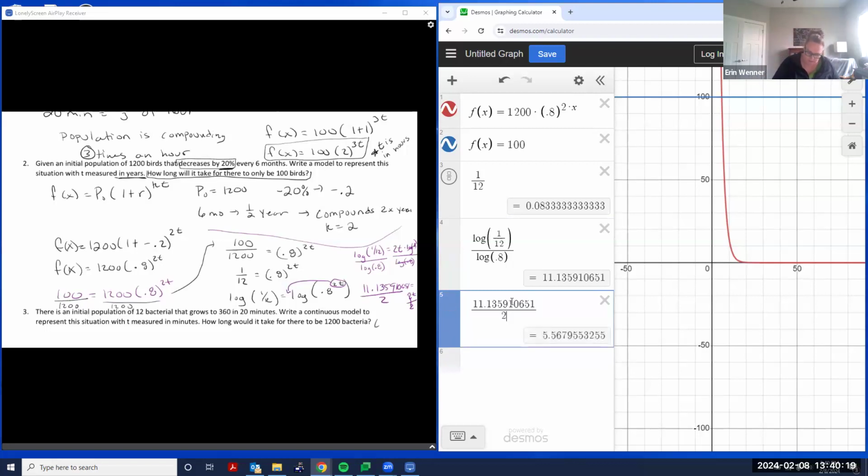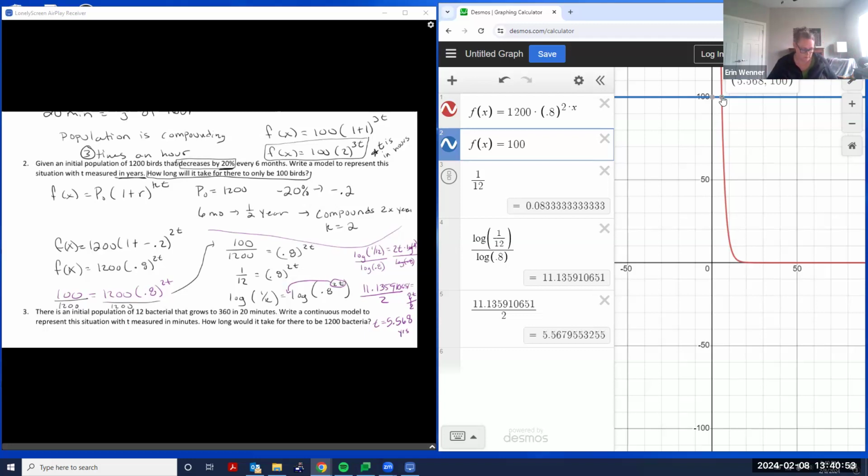And we get that t is equal to 5.6, no, excuse me, 5.568 years. Oh, wait. That's what we were looking for, right? And so, again, seeing it visually, seeing where they're supposed to intersect, is going to help you to monitor, am I doing the algebra steps correctly, right?